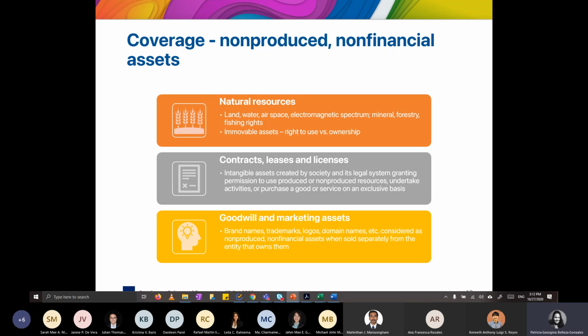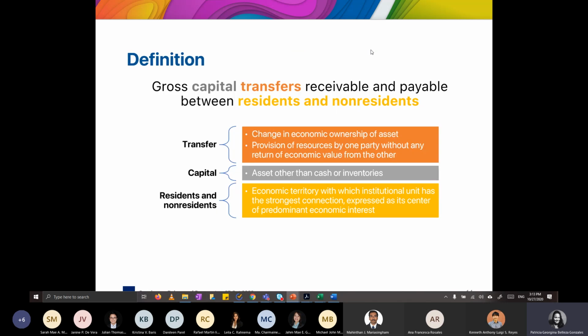But whenever the value of a certain brand name, logo, or domain name exceeds that of the service paid to create it, then that is already considered the contribution or product of a certain institutional unit's goodwill, marketing, or brand identity. So that also enters when it is realized, meaning when it is traded as a non-produced, non-financial asset.